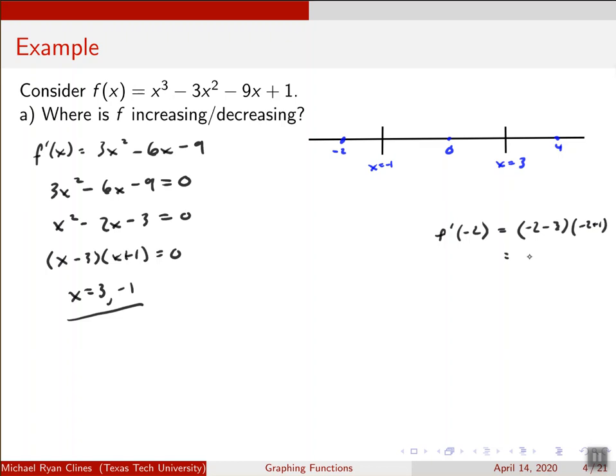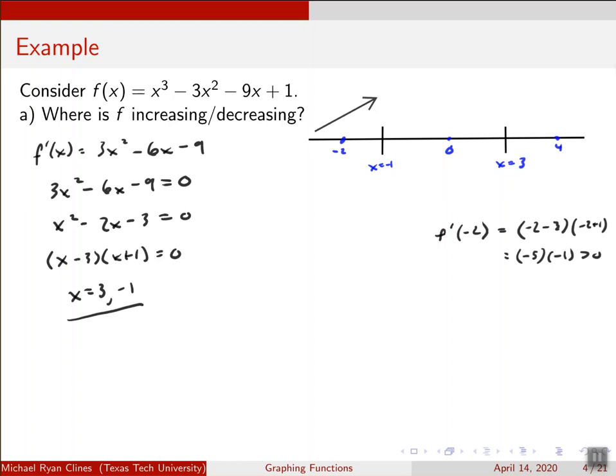Well, that's just equal to -5 times -1. But that's greater than 0. A negative number times a negative number is a positive. So that tells us on this interval, the function is increasing. So I'm just going to draw an arrow right there to remind myself this function is increasing at this point.